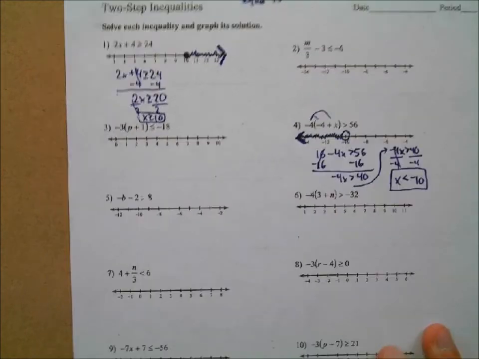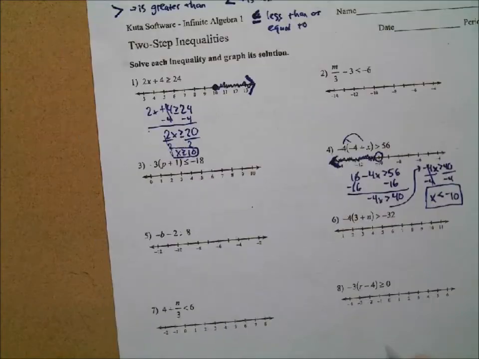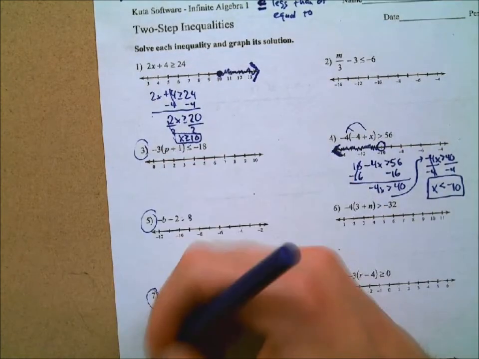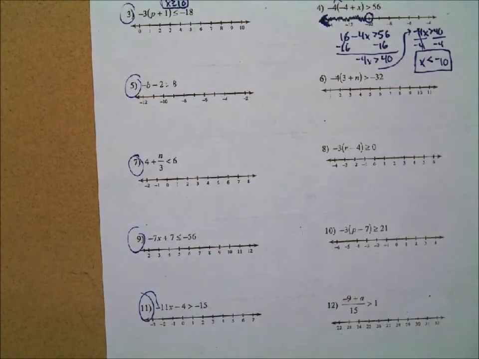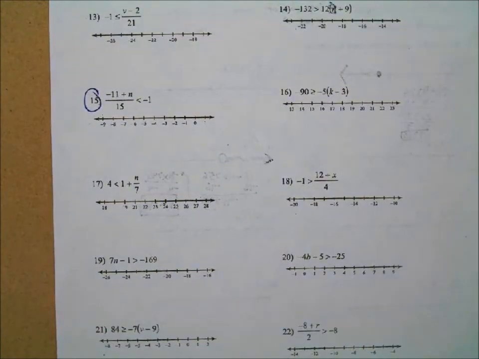Okay, so here's what I'm going to have you do. Let me look at the back here and see how we got these. Okay. I'm going to say, let's just do 3, 5, 7, 9, 11. And one more on the back, I'm going to give you 15. Okay, 3, 5, 7, 9, 11, 15. All right, I want you to work on this for the rest of class, and whatever you don't finish will be your homework.